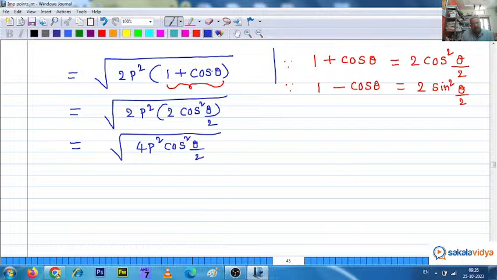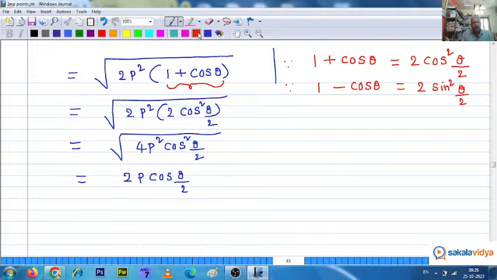Instead of 1 plus cos theta we had written 2 cos square theta by 2, multiplied with 2p square, so we get 4p square cos square theta by 2. The square root of 4 is 2, the square root of p square is p, and the square root of cos square theta by 2 is cos theta by 2. Yes, it has been proved.